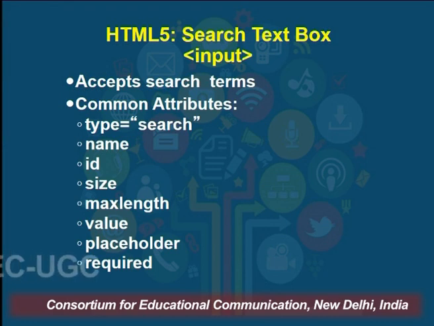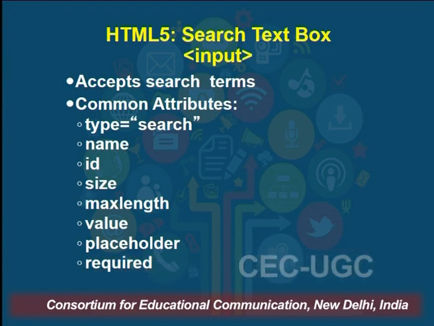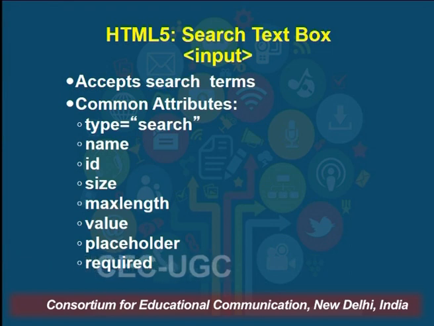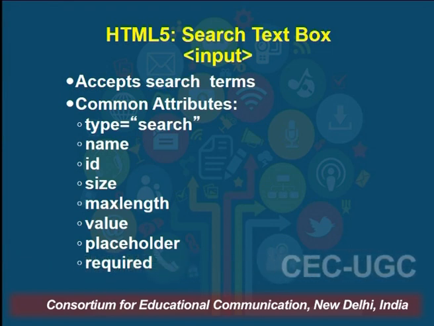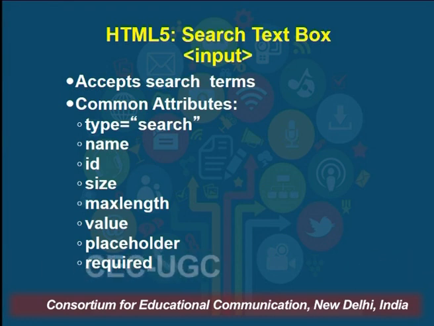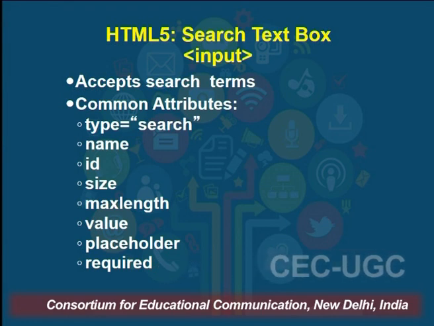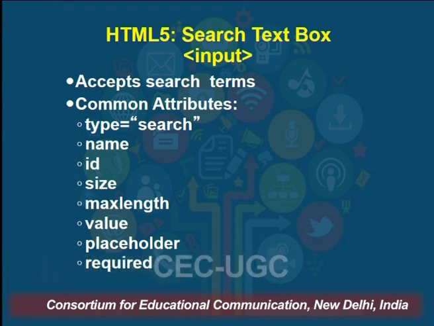Then you can also have a search box within your form, that is going to give the user a box and a search button, so that the user can search for something like a Google search from your form. So here the input type is equal to search, and when you use input type is equal to search, it will automatically insert a text box where the user can enter the search term, and it will also put a button beside it to be clicked when the user has entered the term they want to search.